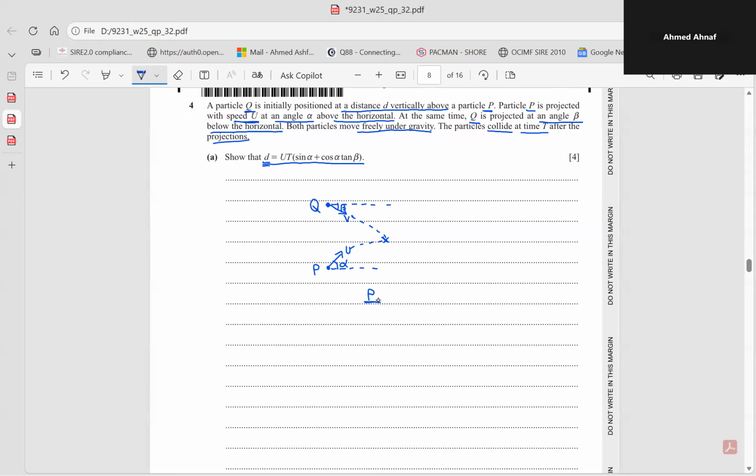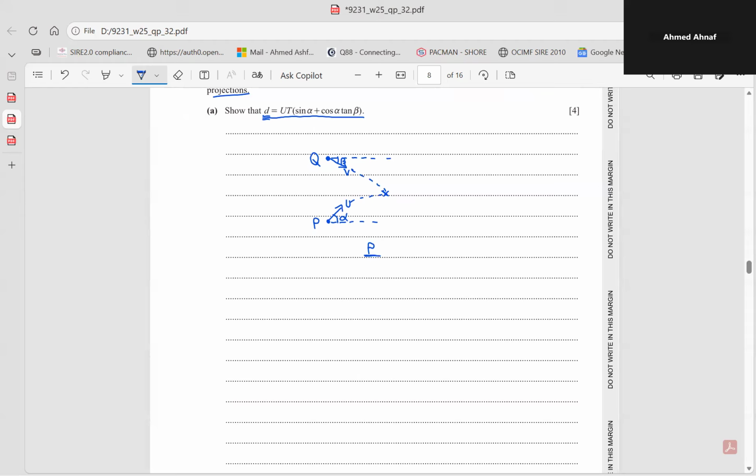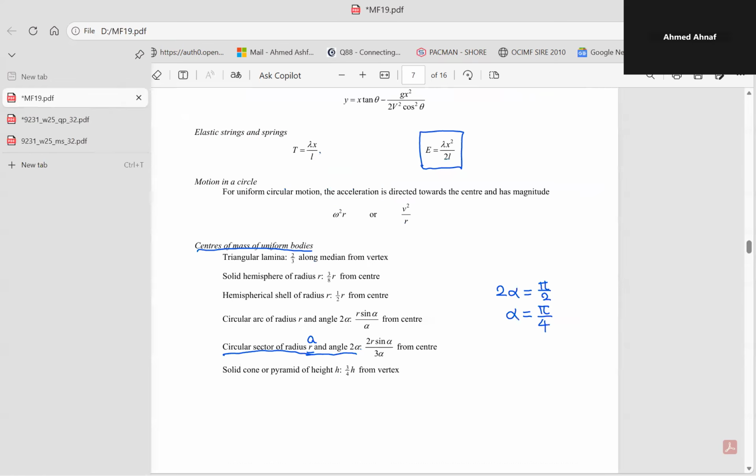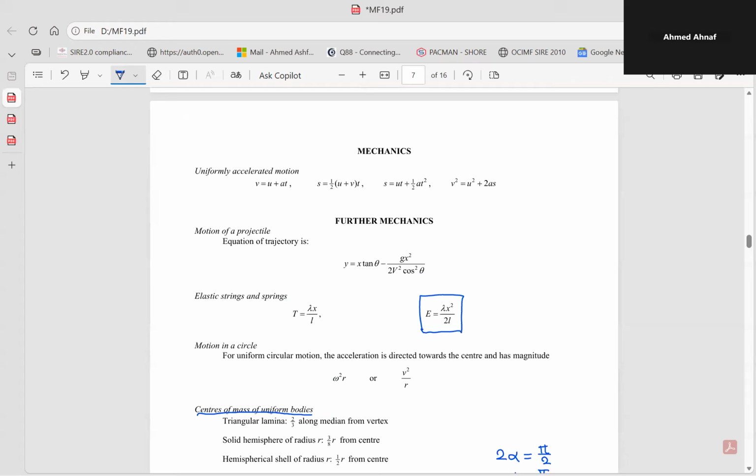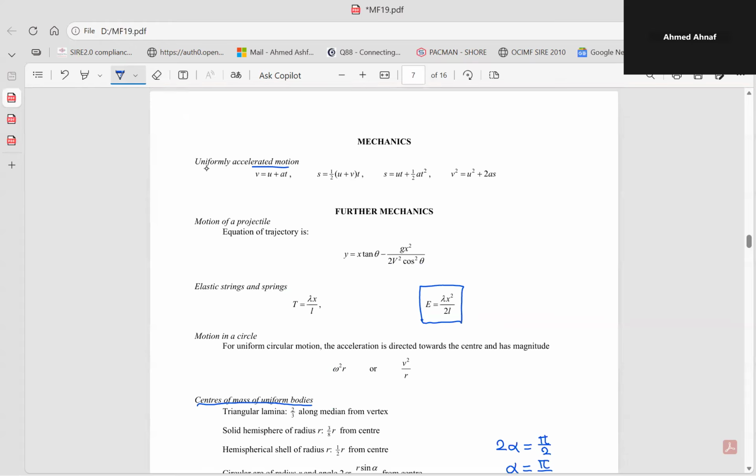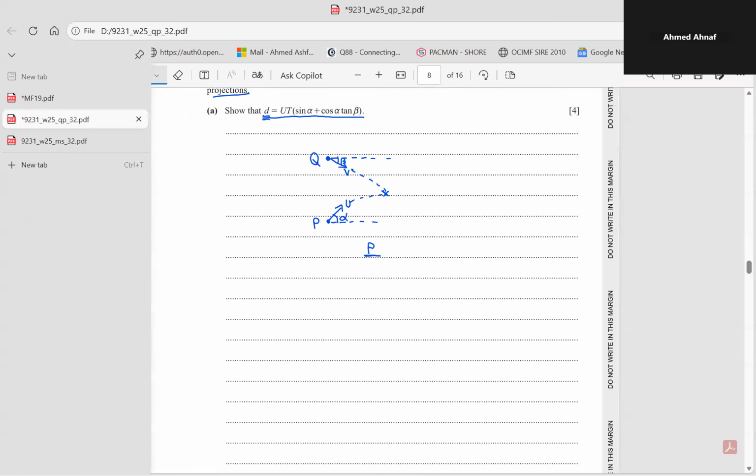Starting with P. To find the vertical height moved in the time t, go to your MF19, go to the SUVAT formula section, which is right here in mechanics. We want to find the vertical distance, so it has to have s, and we know the time and the initial velocity. Therefore, this is the perfect formula to use. s equals ut plus half at squared.